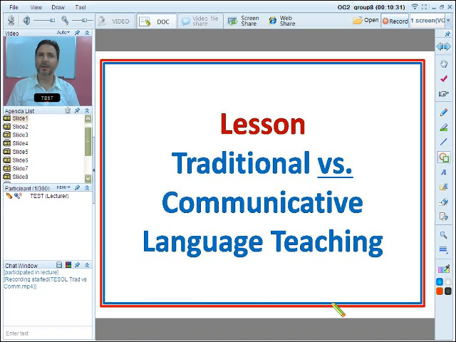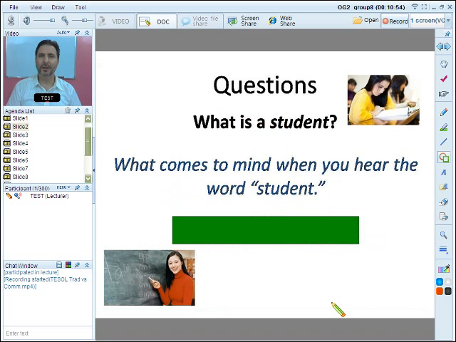And I even think also with just general classroom teaching. So these can go beyond the borders of ESL, but also other areas of teaching. But we'll focus, of course, today on English language teaching, traditional versus communicative language teaching.